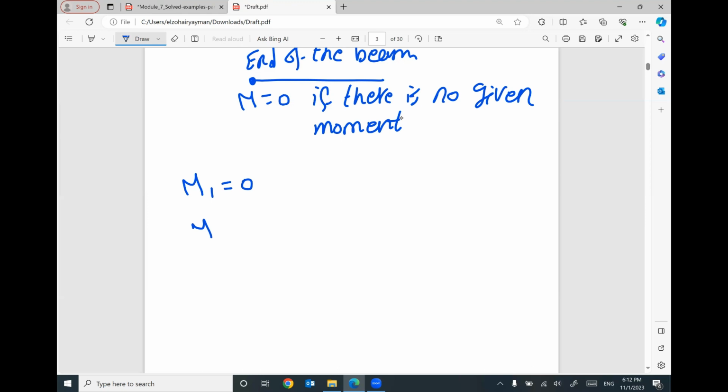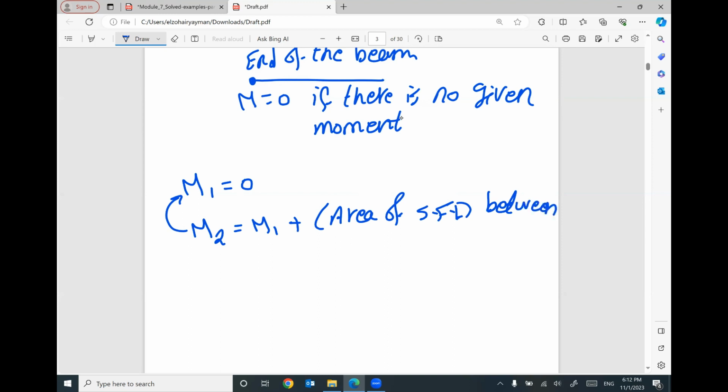The value of M2, do you remember what was the rule? M2 equals M1, the previous value, plus area of shear force diagram between 1 and 2.